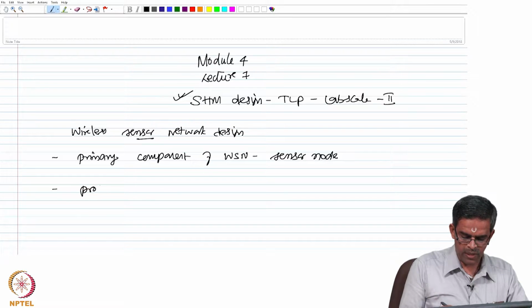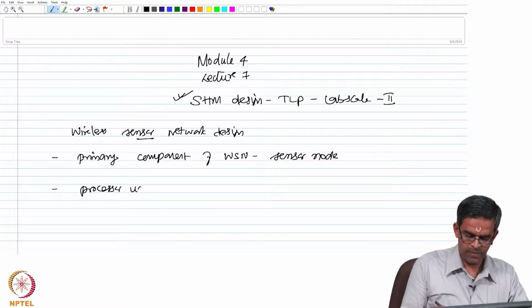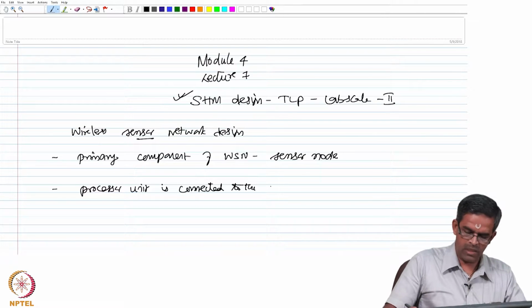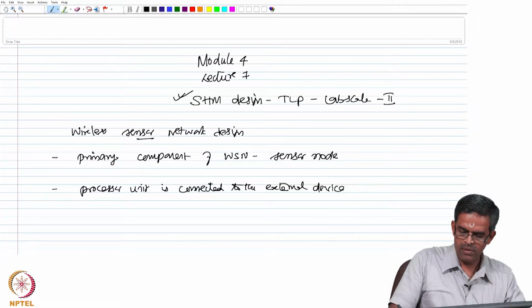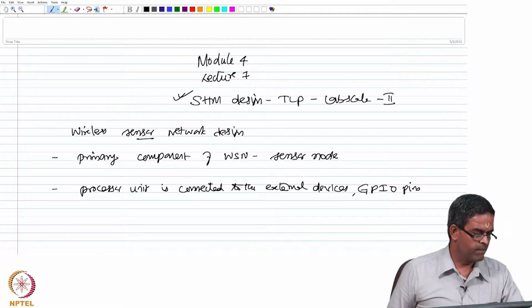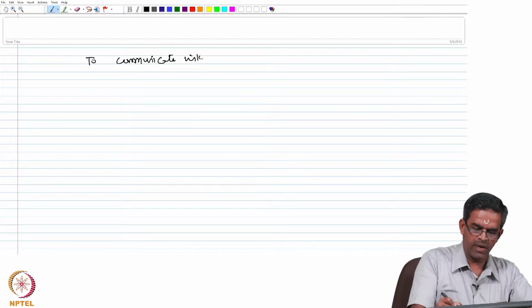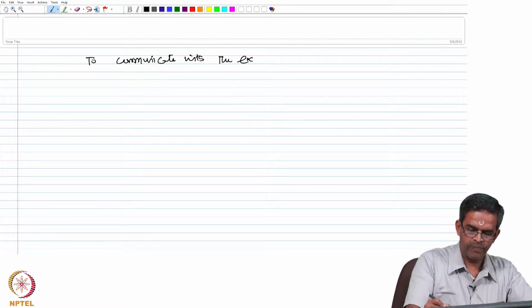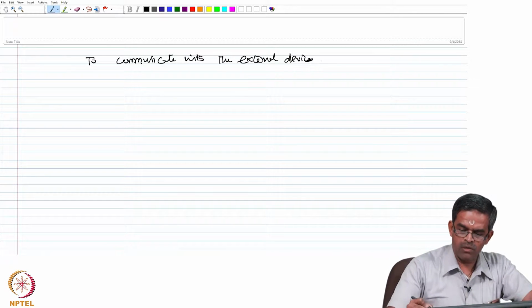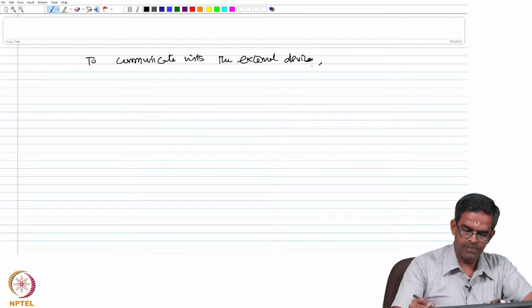The processor unit is connected to the external devices using general purpose input output pins, with the external devices which are connected through the GPIO pins.